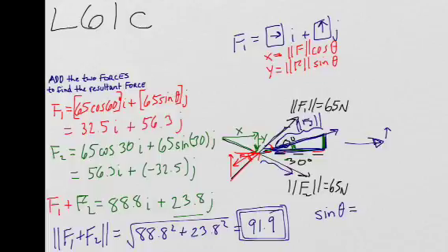The opposite would be the y component, 23.8 over the hypotenuse, which is the magnitude, 91.9. Or we could do the cosine of our new angle is the x component, 88.8 over the 91.9, the hypotenuse. So we can calculate our new angle if we want to. That's not what the question asked us to do, so we won't do that.